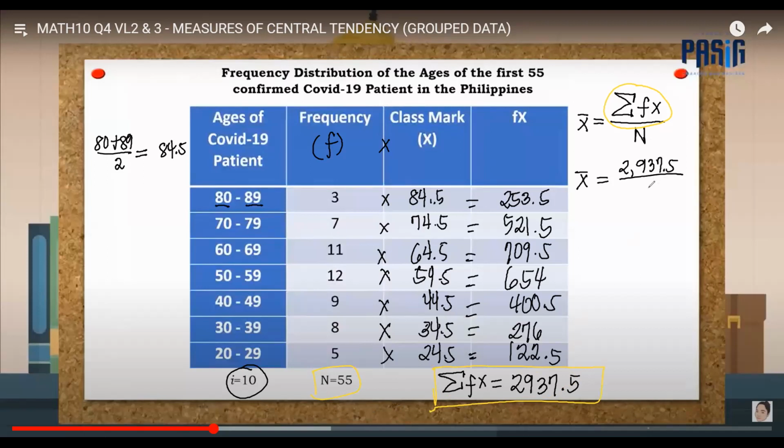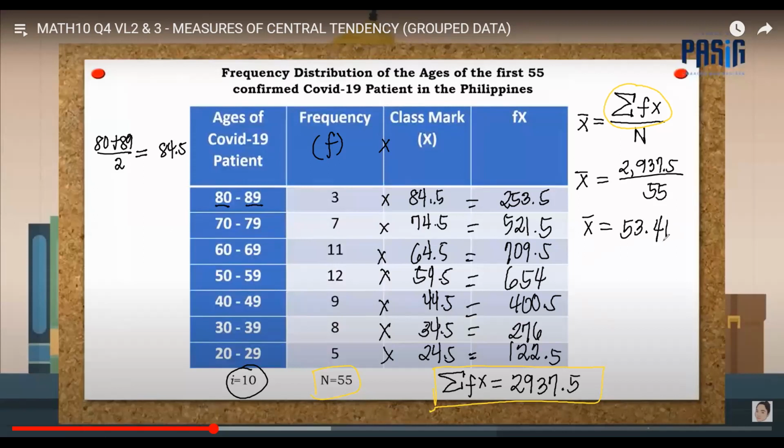2,937.5 divided by 55. Okay? So after that, ano yung magiging mean natin pag dinivide natin? 53.41.